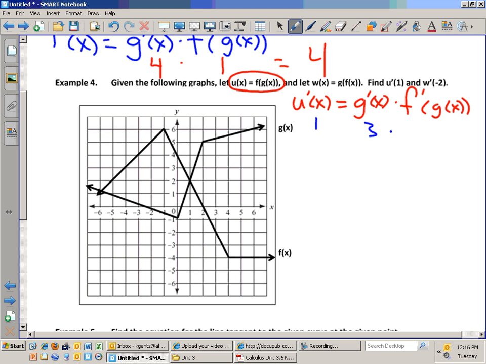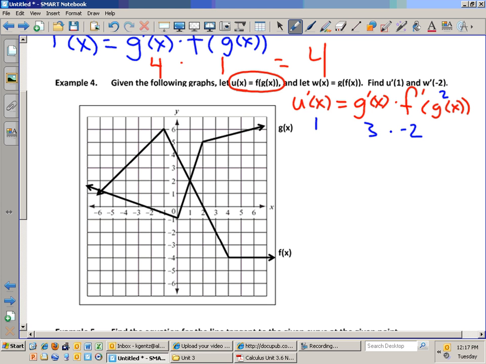Now, what is the actual value of g of 1? 2. So I'm really wondering what is f prime of 2. So I go to 2, and I'm wondering what f prime is there. The slope is negative 2.